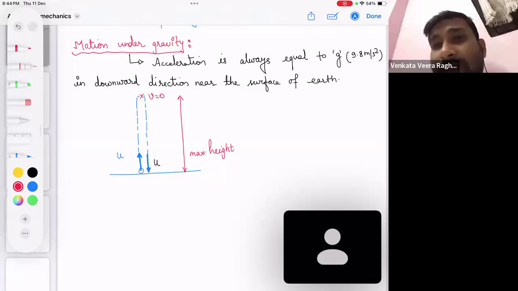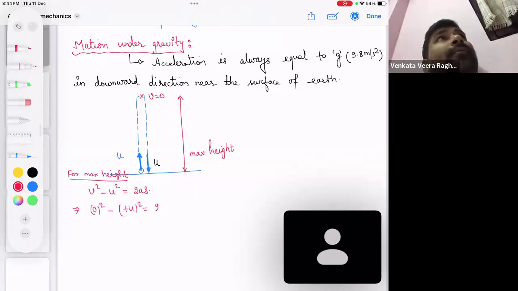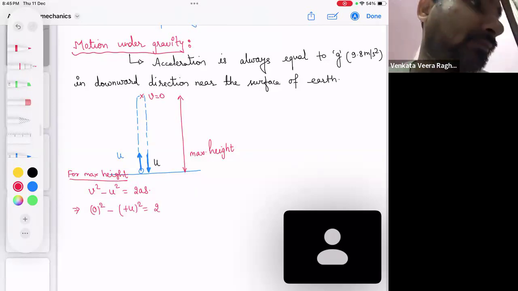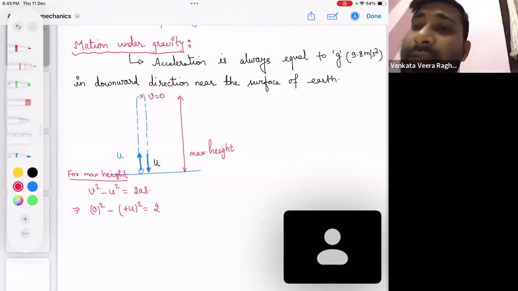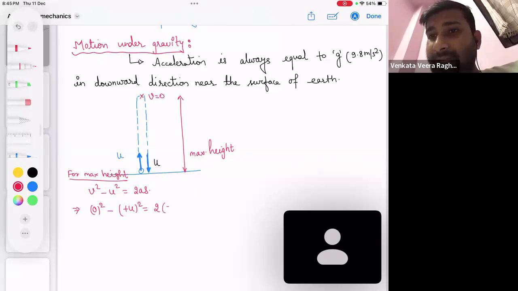Now let's calculate a few things. What is the maximum height? To calculate the maximum height, can I use v square minus u square equal to 2as? The final velocity is 0, so 0 square minus u square equal to 2 times acceleration times displacement. What should I write for acceleration here?